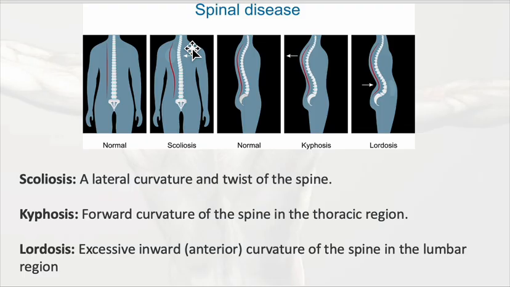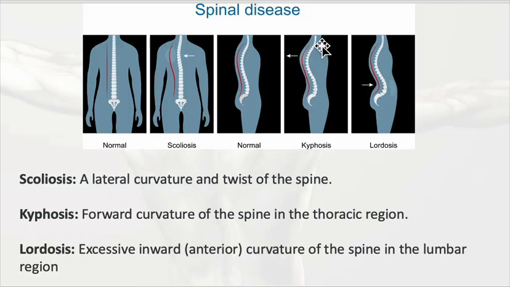And mild cases are relatively common and may not cause problems, but severe curves can really affect posture, movement, even breathing. And another spinal disease that can affect breathing is kyphosis. So here we see a normal shape to the spine from a lateral view, and here we see kyphosis.